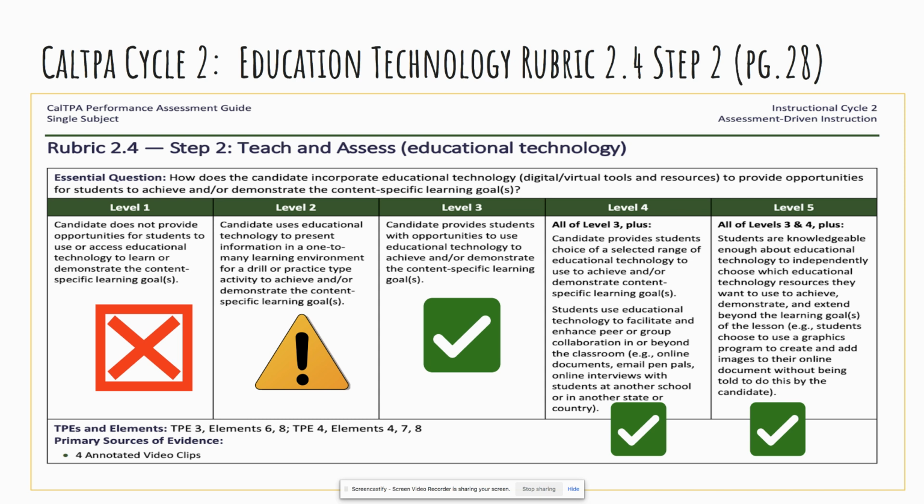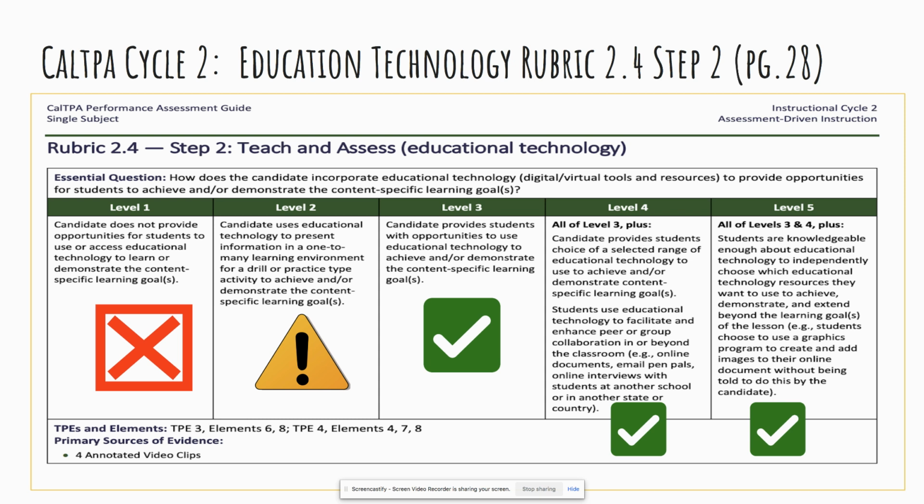Remember in my earlier example when I was showing you how I unpack a standard, I added that in the assessment. I was using digital tools like Flipgrid for students to record a narration and explain their thinking. I added another tool like Desmos for students to work on a digital activity. Now, in order to get a level 3, they want to see students using technology.